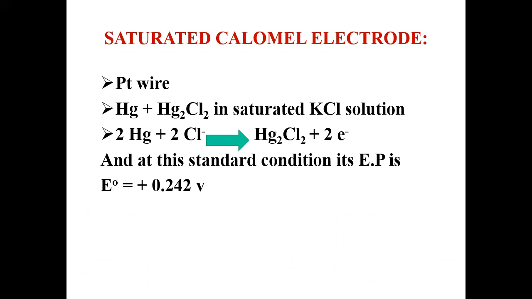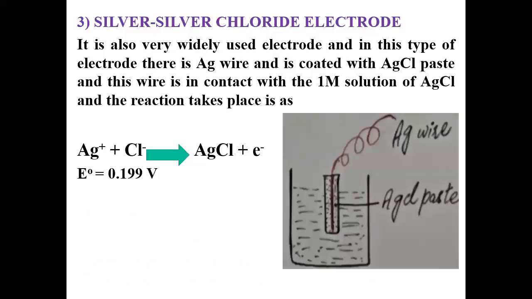The third type of reference electrode is the silver chloride electrode, and it is also a very widely used electrode. In this type of electrode, there is a silver wire, and it is coated with AgCl paste.